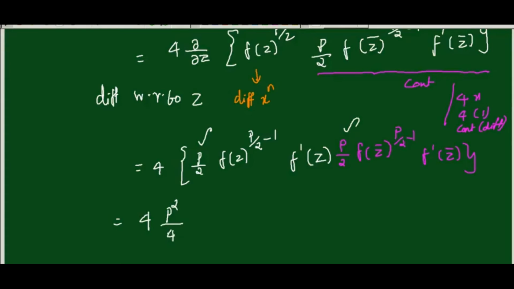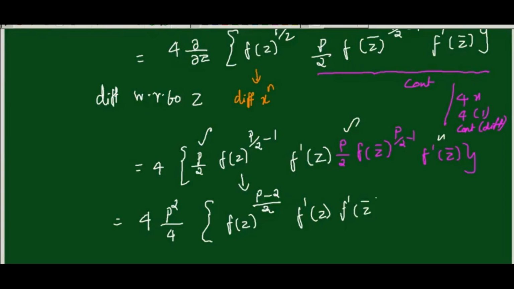Then simplify: f of z whole power, doing the cross multiplication, p minus 2 divided by 2, and f dash of z written as it is. Again bring here f dash of z bar.